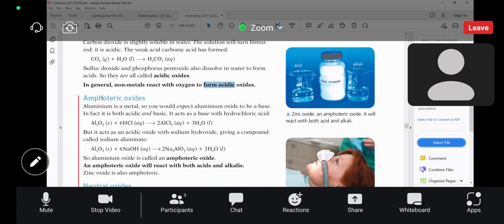Generally, metal oxides are bases, but aluminium oxide is an exception. So it will act as acid and base, so it is called an amphoteric oxide. So this is the equation. Al2O3 reacts with HCl to produce. I already wrote this, right? Did I write this equation?